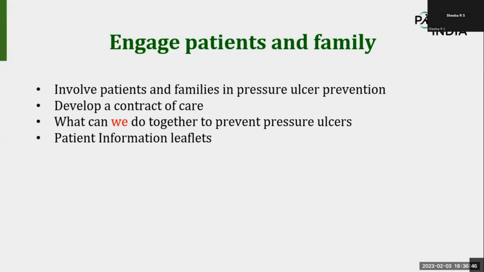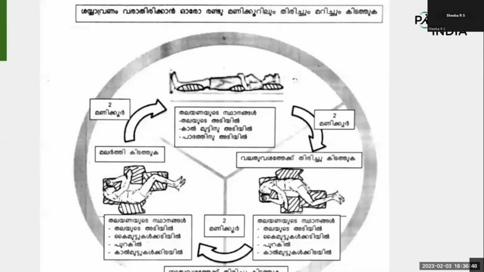And also you have to give some leaflets like this. This is a Malayalam leaflet. Whenever you see this kind of patient, if possible, you can make it in your own language and keep it in the room. If they have any doubt, they can look at it, and they will turn the patient.